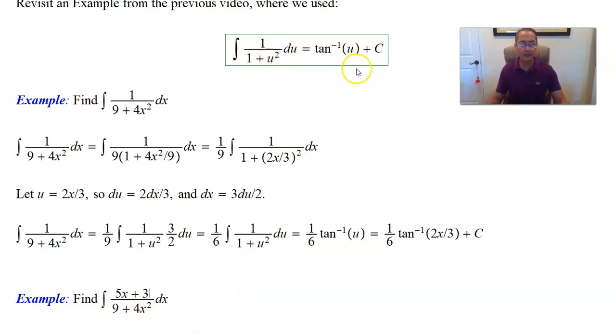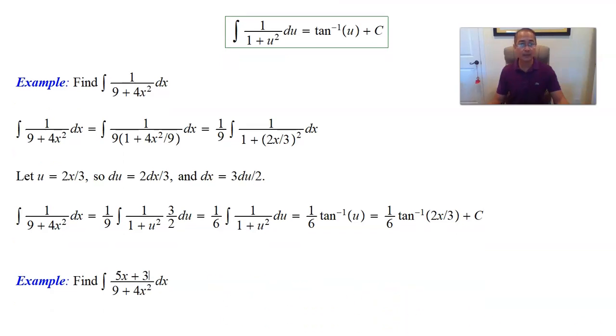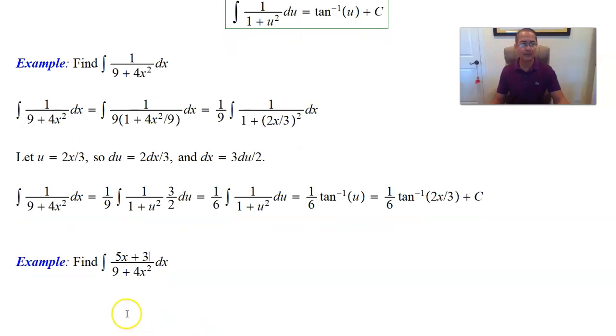We are again going to need this integral, but we also need the formula for ln. So why is that? Well, the logical way to attack this integral is to separate it. Our numerator has 2 terms.